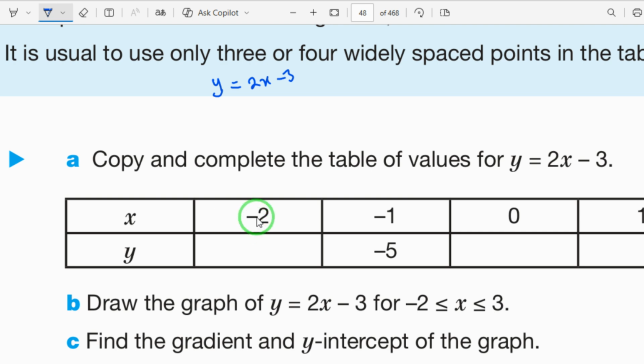First, if x is minus 2, we put 2 multiplied by minus 2 instead of x, and minus 3. 2 multiplied by minus 2 gives us minus 4, and minus 3, the total is minus 7. So here we write minus 7.